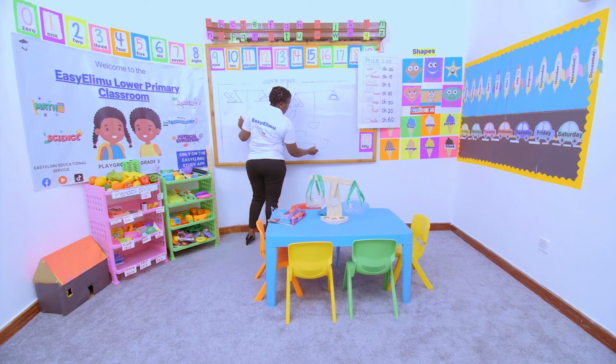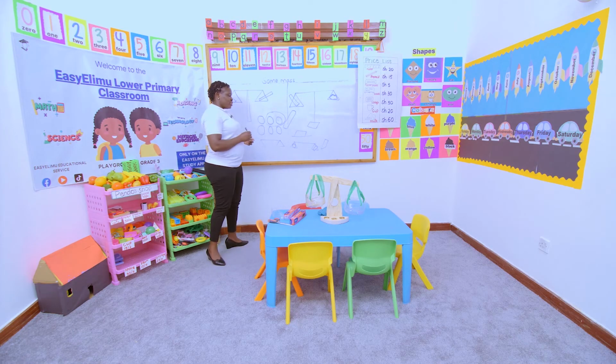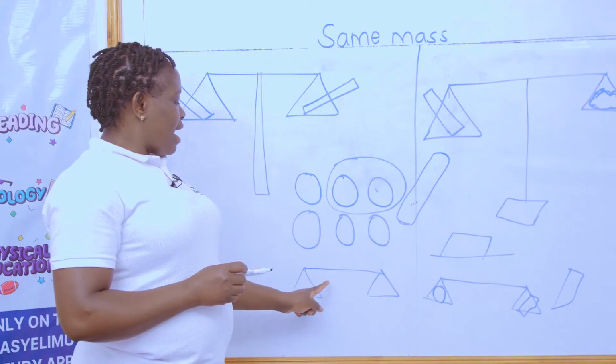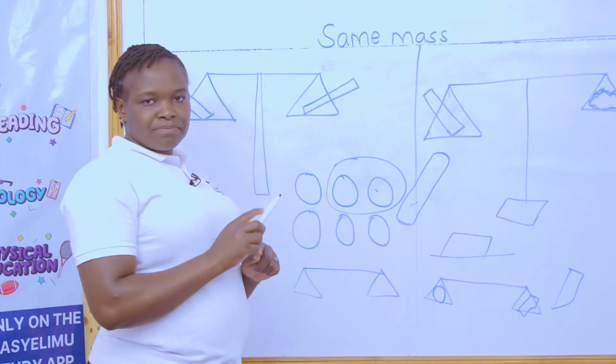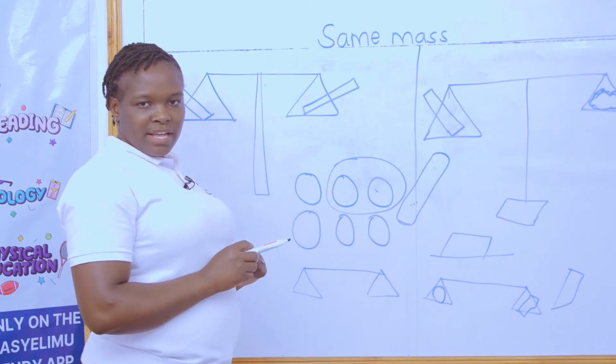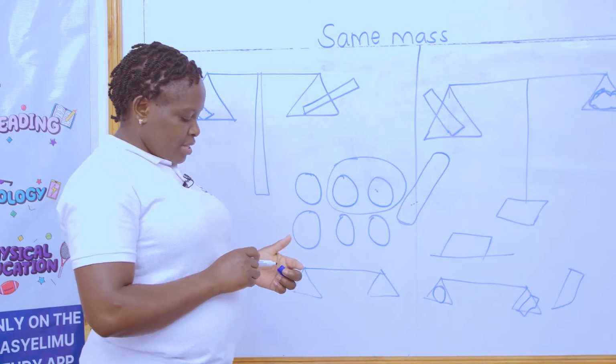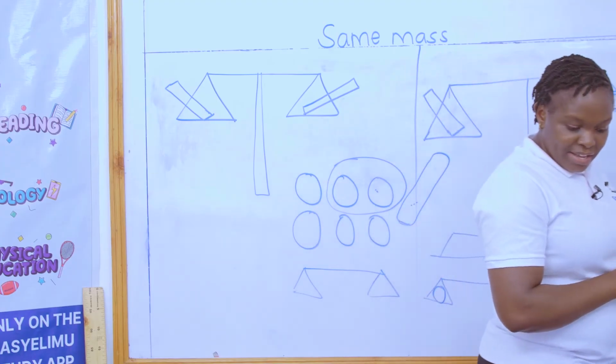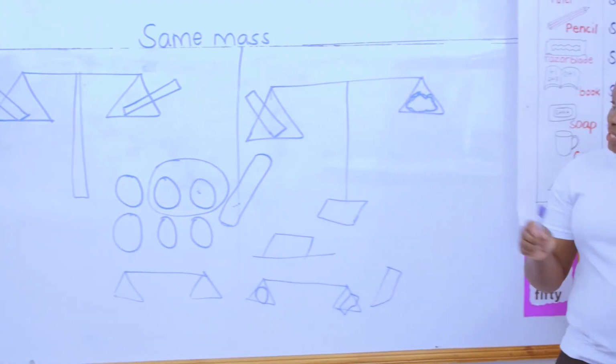Let it look like a long ribbon. And then the other one maintains the original shape of the chapati. And ask yourself, are they still going to weigh the same? Or will they change the mass of the baking flour? Up to there, is there a problem?